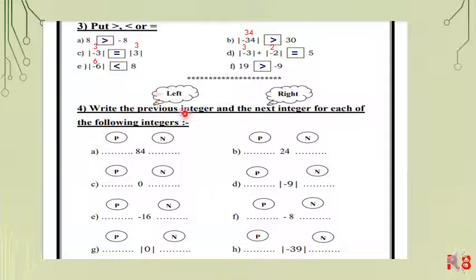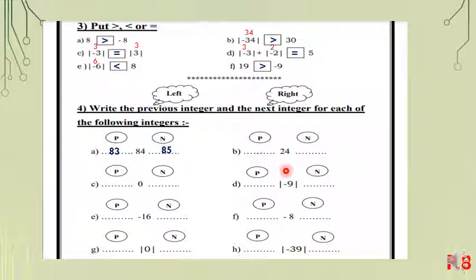Number 4, write the previous integer and the next integer for each of the following integers. Previous means the number which is on the left, and the next means the number which is on the right. Here I have 84. Previous, we have 83. The next will be 85. Letter B, we have 24.